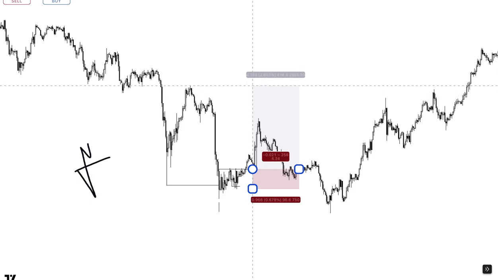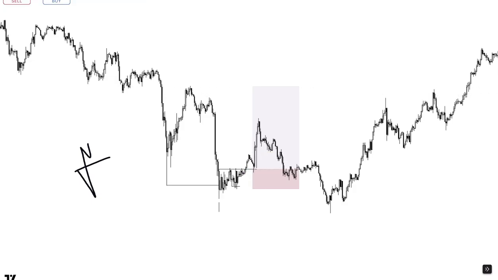Now, let's say you targeted this high. First of all, you would have to have a valid reason. Is it a CRT? Is it a timed high? What is it? Why? Is it just for no reason? Second of all, you're going to look for, did the low form at a certain time, which is designated for creating lows of the week or the day or whatever you're trading.